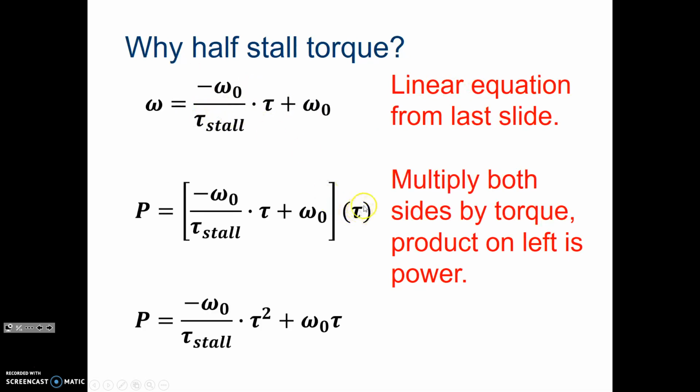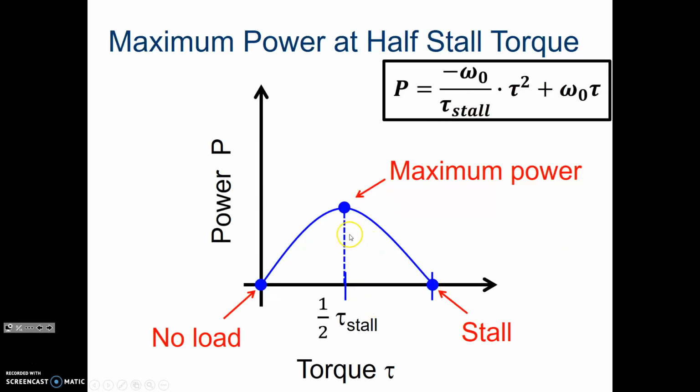Now we're going to redistribute this torque throughout the equation, and we get this. Now this is a negative parabola, so it's a downward facing parabola, and this is the parabola that you get. This is the maximum power, where you maximize the amount of power for that particular torque.